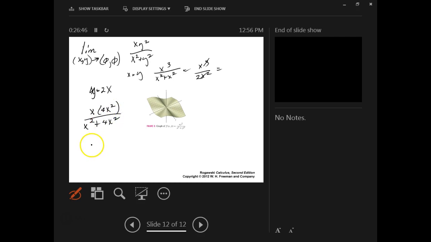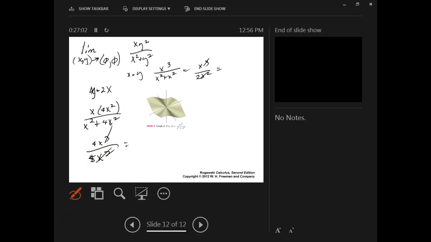So that would be 4x cubed over 5x squared. And as x is approaching 0, again you get 0.